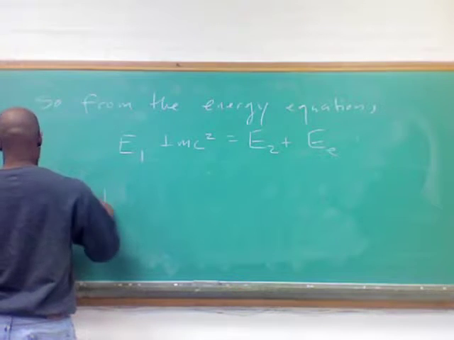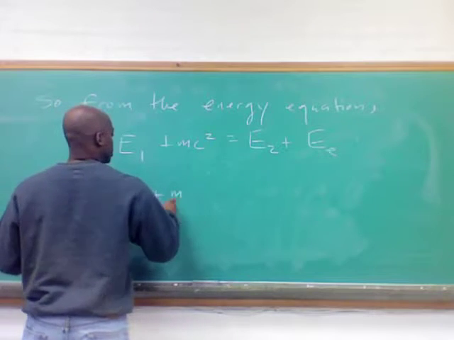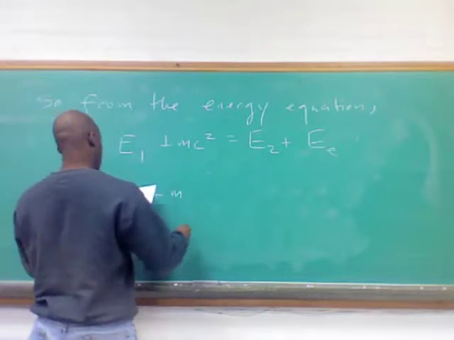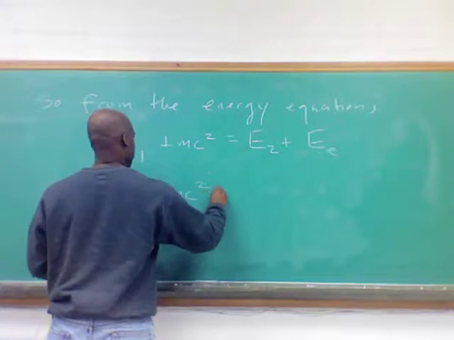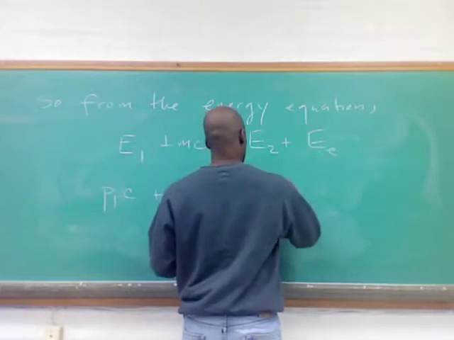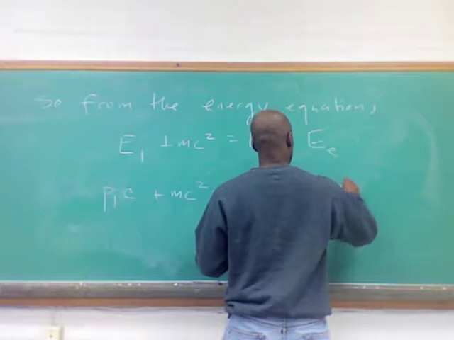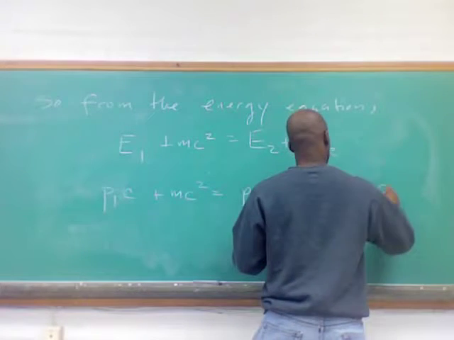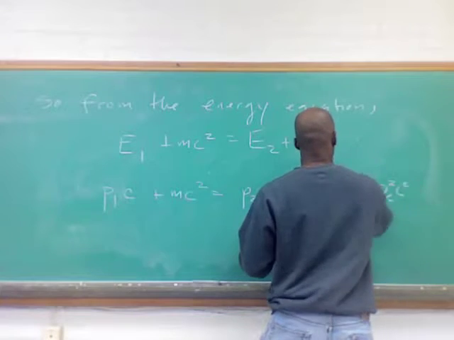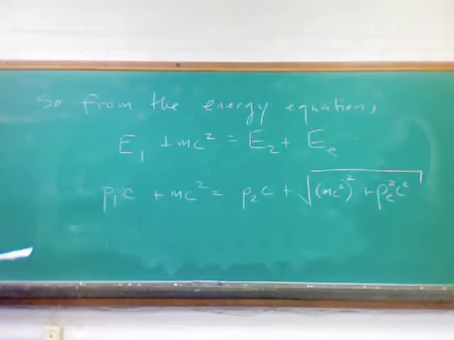We've got P1c plus the rest energy of the electron, mc squared, equals P2c plus the square root of m squared c to the fourth plus P squared c squared.